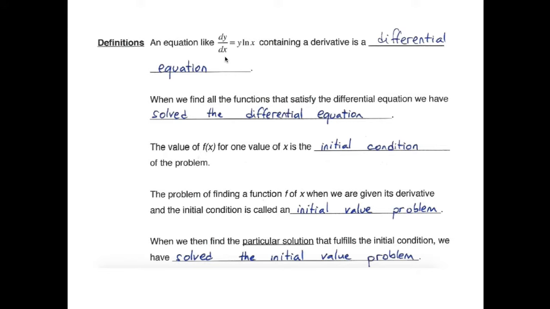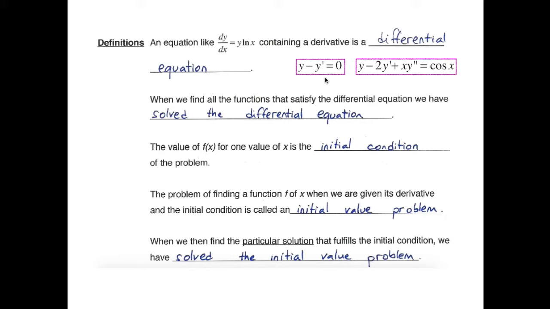Other examples of differential equations: y minus y prime equals 0, or a lot more complicated, y minus 2y prime plus xy double prime equals cosine x. So we're trying to find what function y would fit in the equation. When we find all the functions that satisfy the differential equation, we have solved the differential equation.